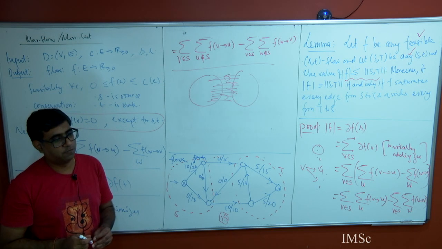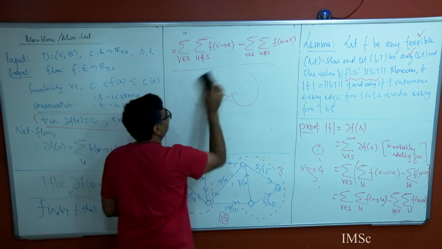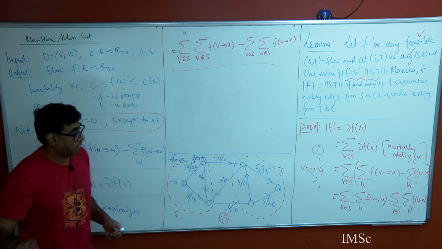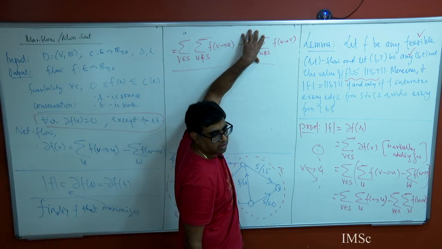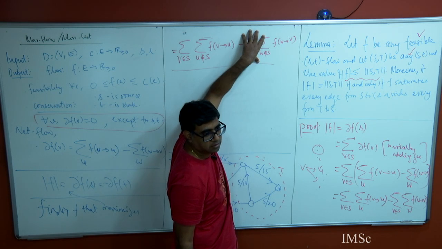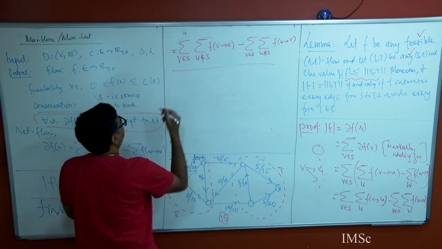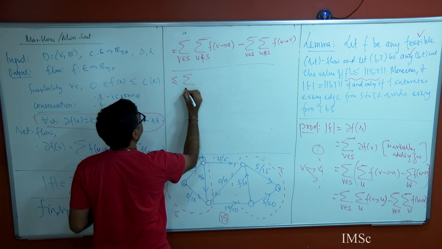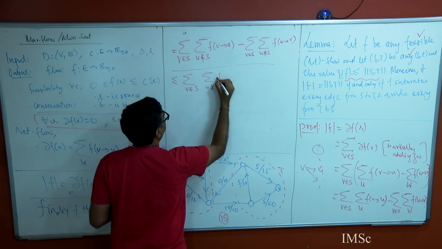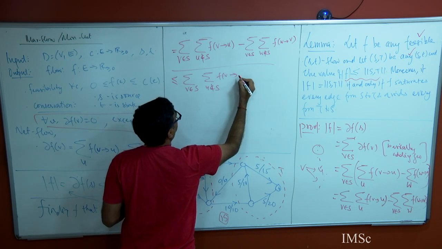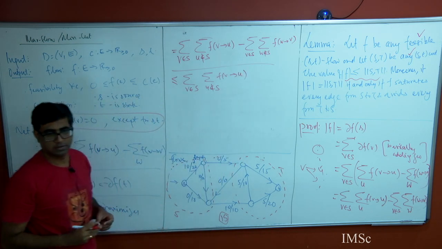Now what do you know about flow? Because flow is at least 0, this quantity is some non-negative number, right? So I can write down this is less than or equal to summation v in S, summation u not in S, f vw, vu, right?